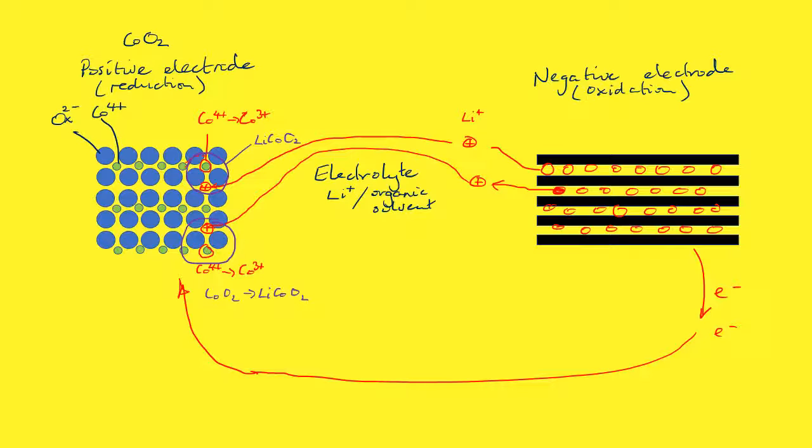So that's essentially what's happening intuitively. Now why don't we write down the half reactions that are happening at that time.